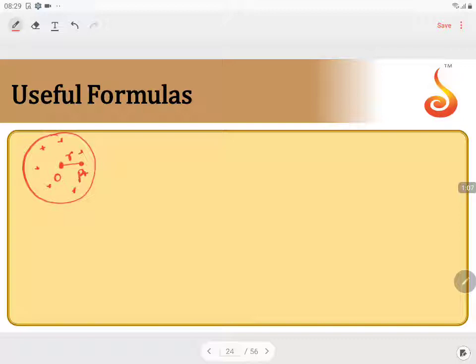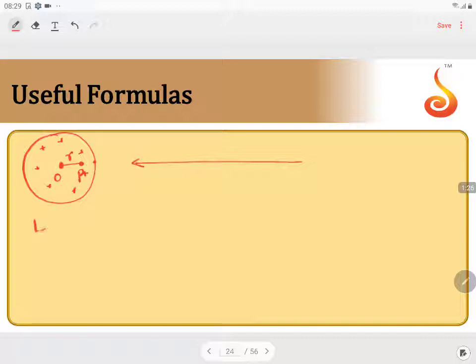Now, what do we mean by potential? It is the minimum amount of work done in moving a unit positive charge from infinity to that point in the field. When you move a charge, outside the field will be different, but inside the field will be different.